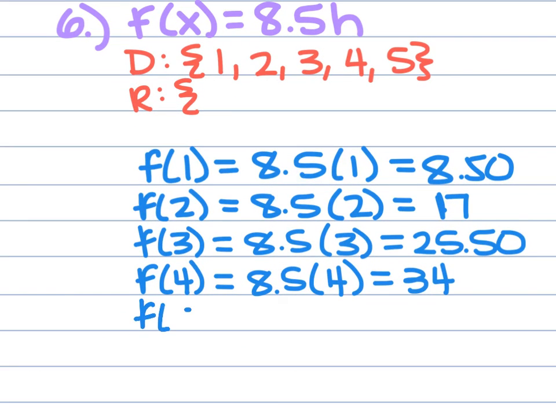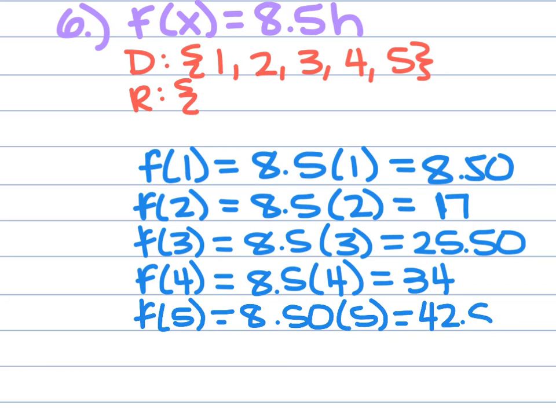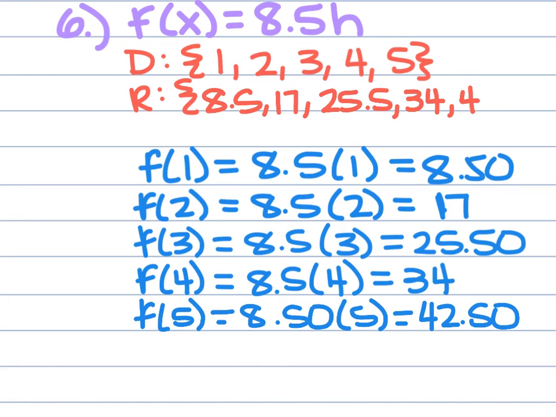And f of 5 is 8.50 times 5, which is $42.50. So our range values for here are 8.50, 17, 25.50, 34, and 42.50.